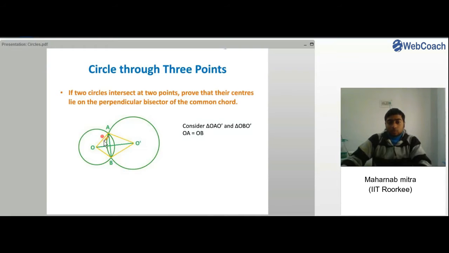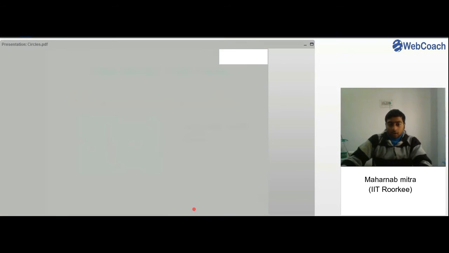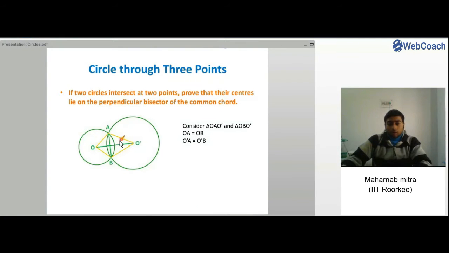So in these two triangles, we know OA equals OB as the lengths are equal to the radius of the smaller circle, right? OA is equal to OB because OA and OB are both radius of the smaller circle. And once more, O prime A is equal to O prime B, right? Because these two are the radius of the bigger circle, right?